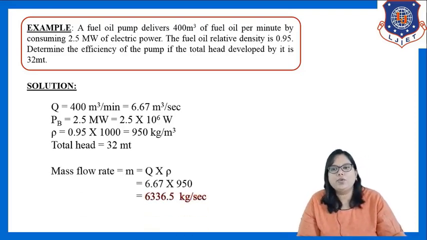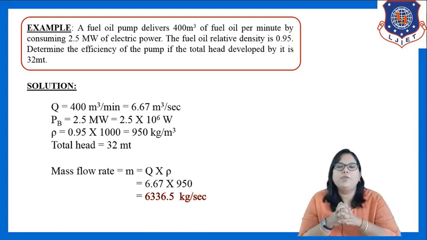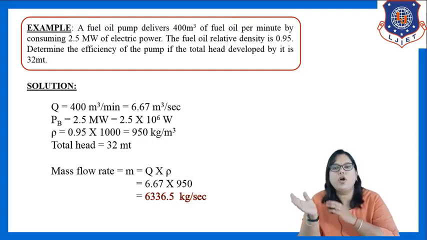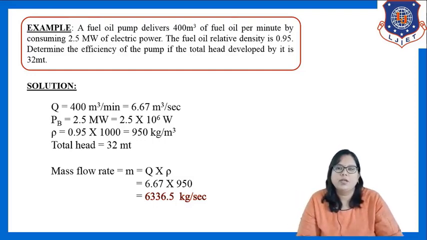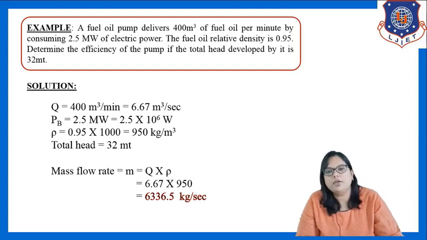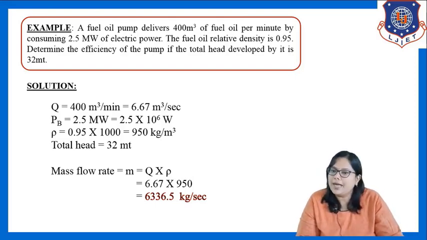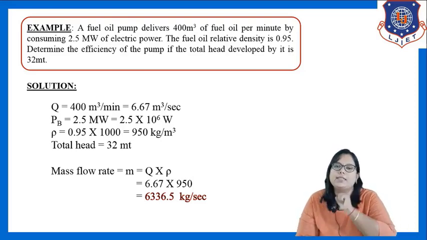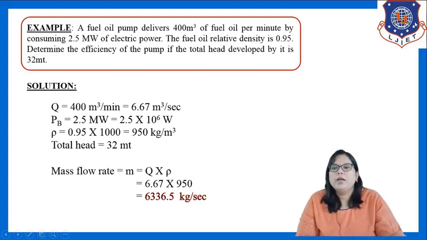So to calculate efficiency, we have already seen the formula. But in that formula, we require mass flow rate. So first of all, we have to convert volumetric flow rate into mass flow rate. We all know very well how to do this. Mass flow rate m is equal to volumetric flow rate into density. See here, m is equal to Q into rho.